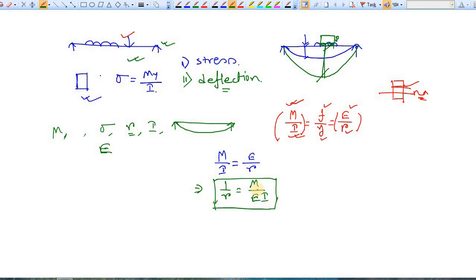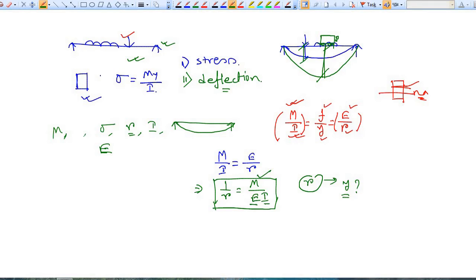Now if we can express this radius of curvature in terms of the deflection, then obviously for a given material, that means Young modulus, or given cross section or I, or given loading or M, we can find out what the deflection is.